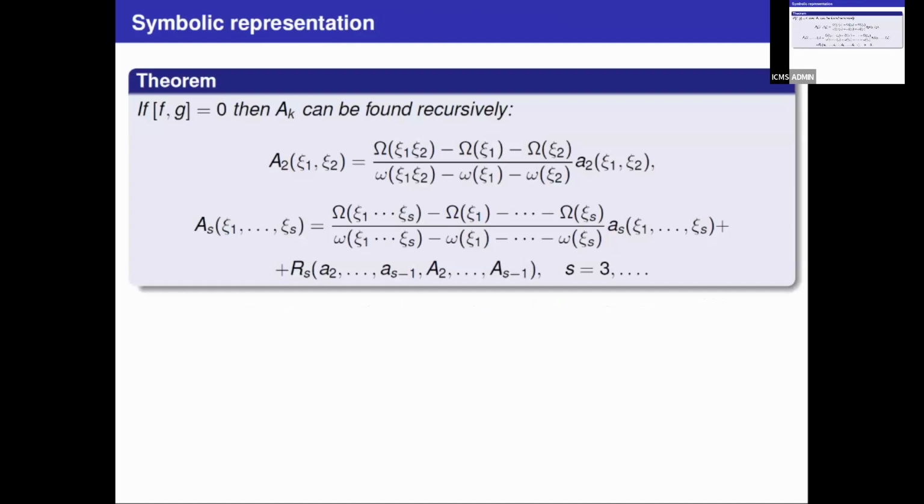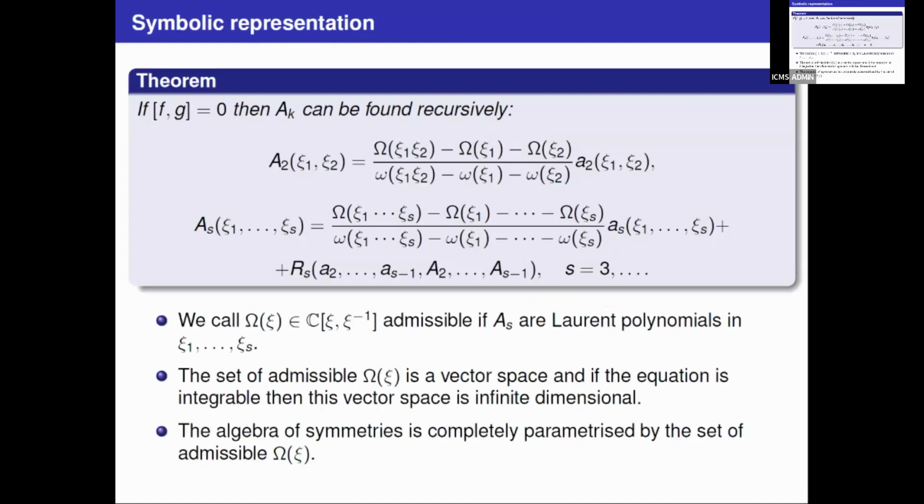So for A2, this is the explicit formula, and then there are recurrent relations. So A3's first term is here plus something that depends rationally on the previous terms. So these are recurrent relations. And now you see, for every equation, we formally resolved the commutator relation. So we inverted ad F1, if you wish.